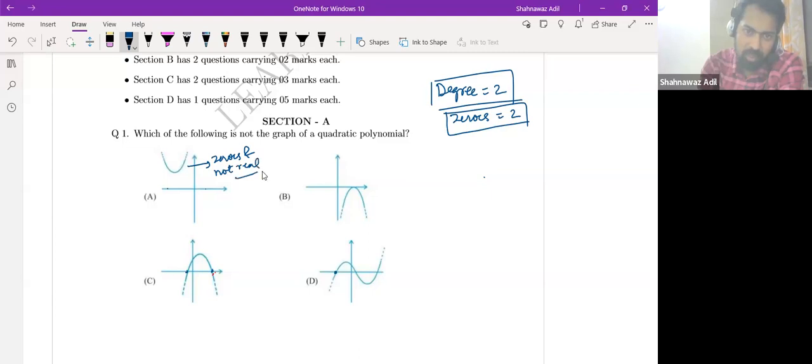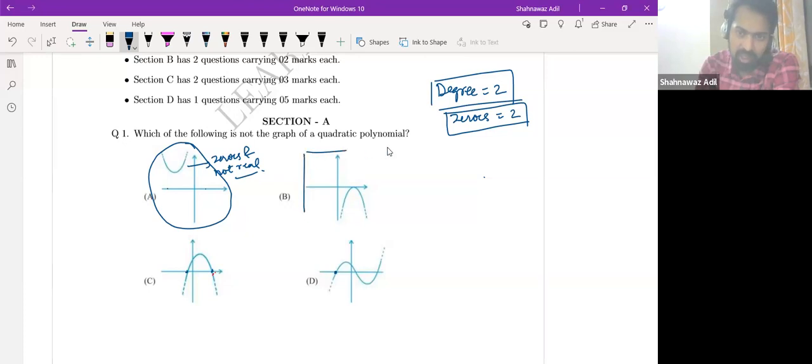In the quadratic case, we can have three kinds of zeros: real and unequal, real and equal, and non-real. So this graph represents a quadratic polynomial whose zeros are not real. And what kind of graph is this?